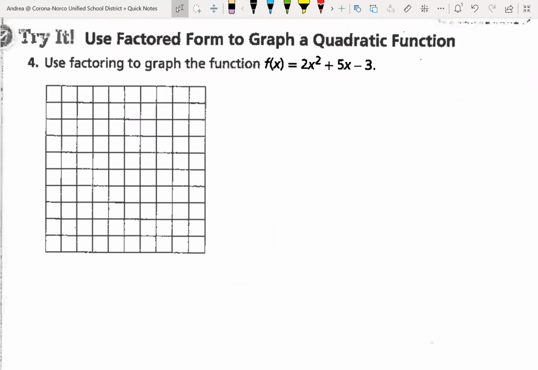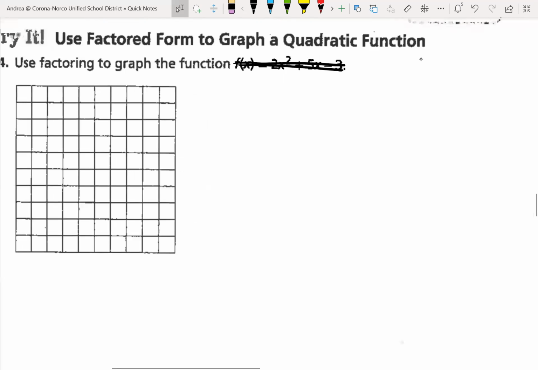Okay, now I'm going to show you how to graph by factoring. Okay, I did this problem last period and it was horrible, so we're going to cross out that one and I'm going to give you a different one. Our vertex ended up being some fun fractions, which is kind of hard to graph. So let's try this one.